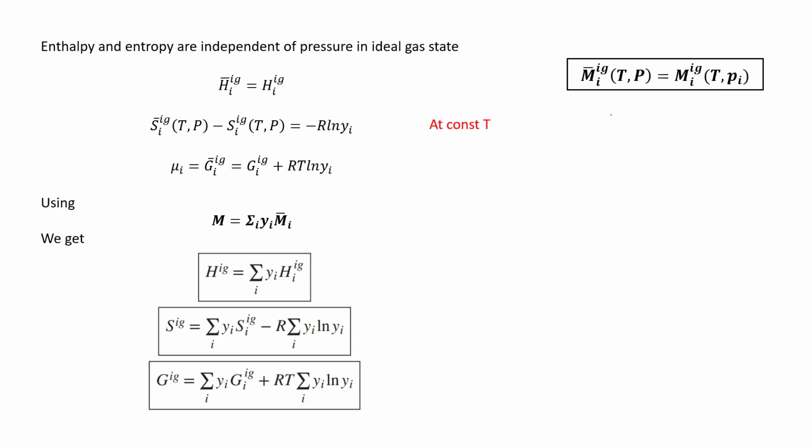So we can almost say M_i^IG bar equals M_i^IG at T and P for H and S. So that's why this is defined at T and P only, not T and P_i, because it is the same for enthalpy and entropy.